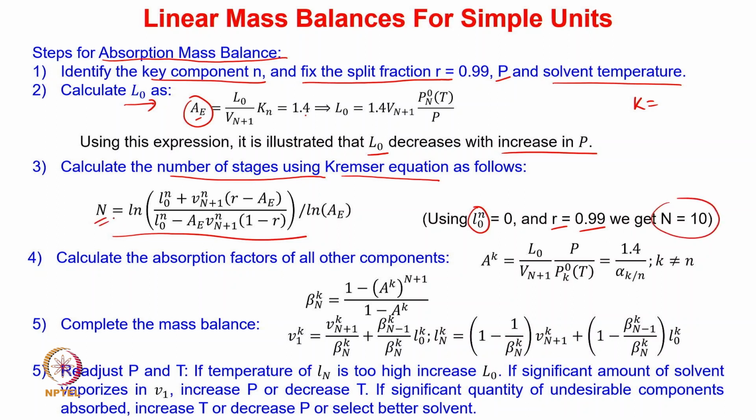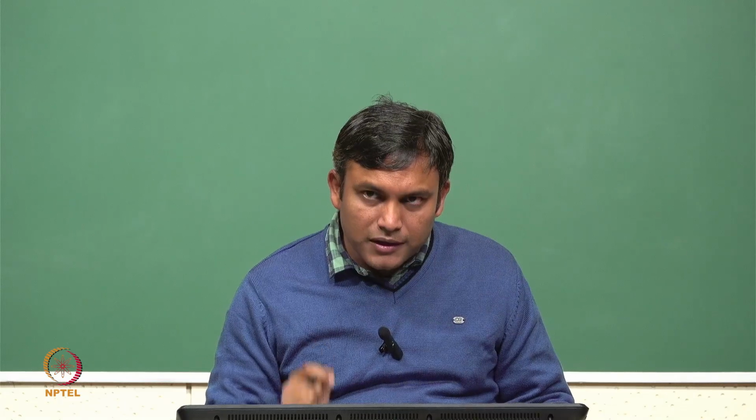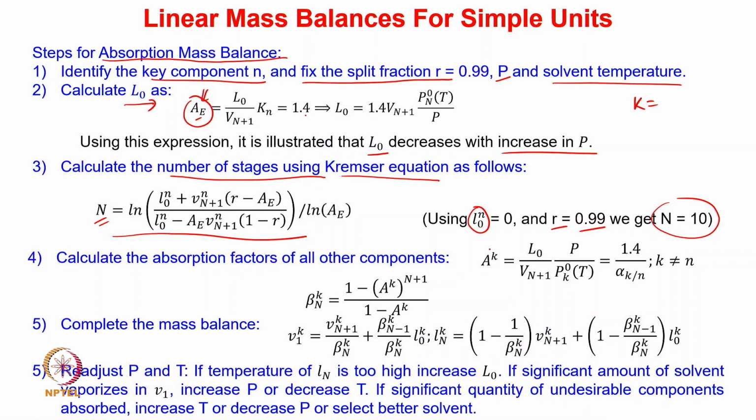Once we have got the number of stages required, see, in this case, this AE is nothing but the absorption factor of the key component. But in the absorption operation, there are multiple components, so we need to calculate the absorption factor for other components. The absorption factor for other components is calculated using this equation. So A superscript K represents the different components, and it is given as L naught divided by Vn plus 1, and Kn is given as P divided by Pk naught, isn't it?